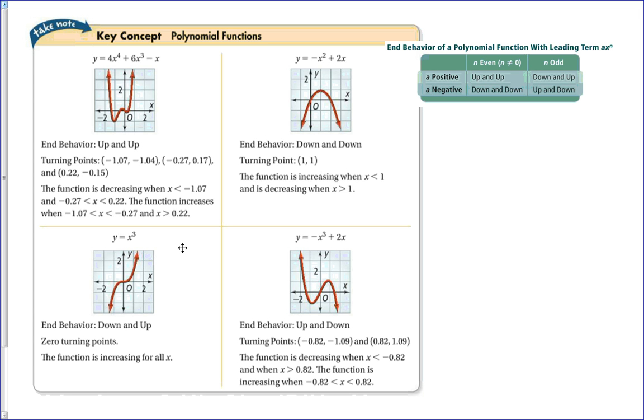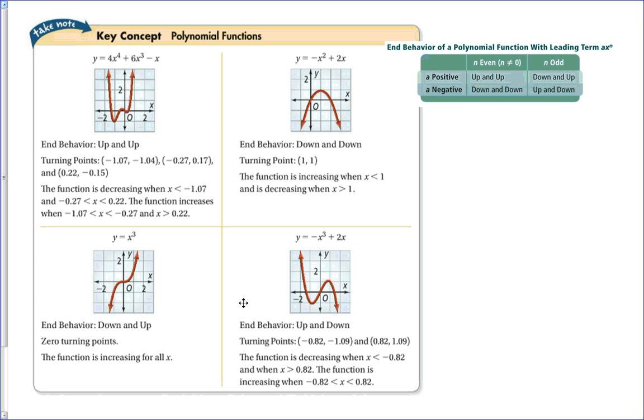When you have an odd degree and a positive leading coefficient, the left side's going to go down and the right side is going to go up. So here's a nice example of that. Y equals x cubed, it goes down on the left, up on the right. And then here we have a negative, so all that does is flip it over. Instead of going down, up, it will go up, down.